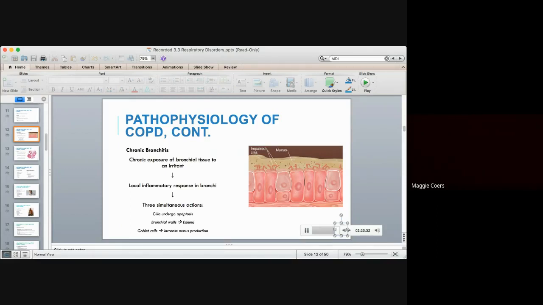As the exposure goes on, the mucus really can't keep up with the exposure, and the goblet cells can't keep up with the demand, so they start to increase in number and size. You end up with an airway that is very reactive and unable to keep up with the demand to get rid of the irritant. So you have a huge supply of mucus. And this is how chronic bronchitis happens.